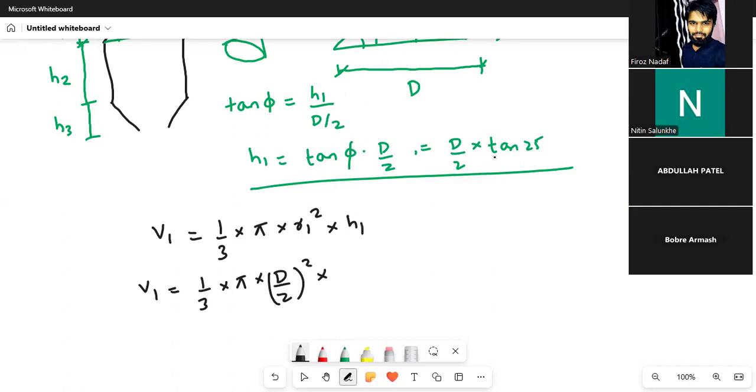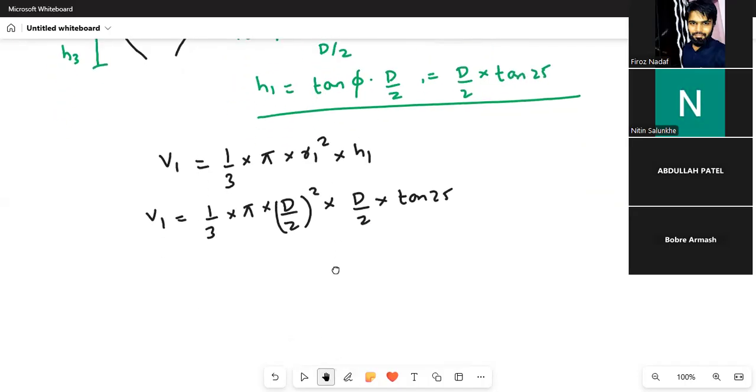What is H1? Already we have written H1 in terms of D by 2 into tan 25. So here we will assume the diameter. We will adopt the value of the diameter of the bunker. You can adopt any value between 3 and 4. It depends on you.